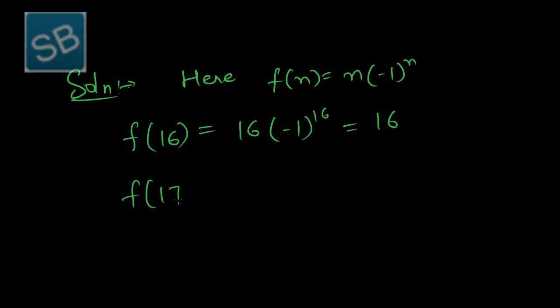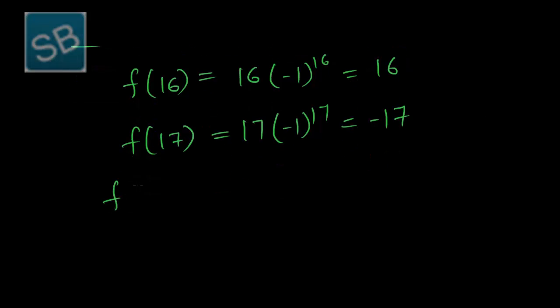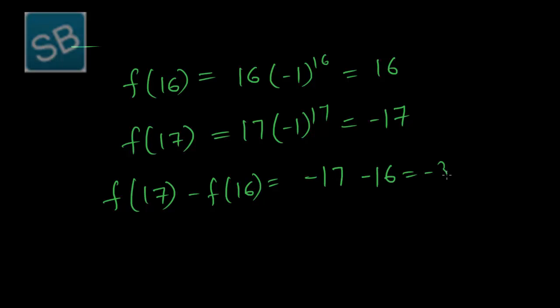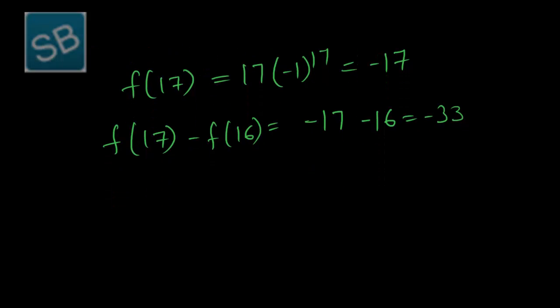And f of 17 is 17 into minus 1 raised to power 17, is minus 17. Now we will find the difference between f of 17 minus f of 16, that is minus 17 minus 16, that is minus 33. Minus 33 is the difference between these.